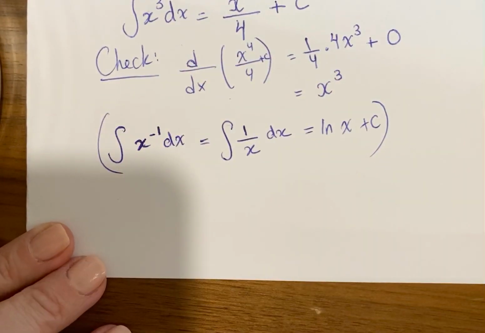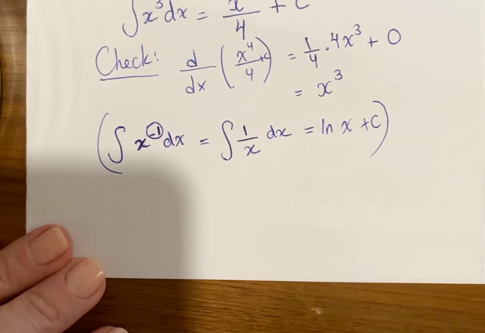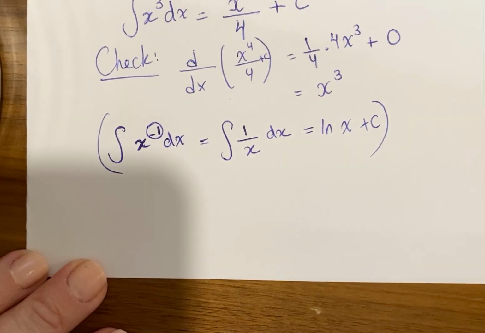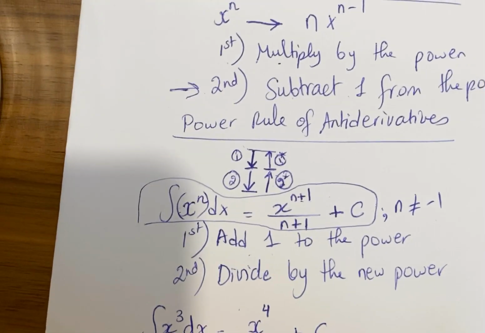But just a heads up that when we have a power of minus 1, this is not necessarily a power. It's treated in a different way, and we always have to keep it in mind. We always have to remember that this is the case that we have. Let's continue. So this is one of the basic formulas.